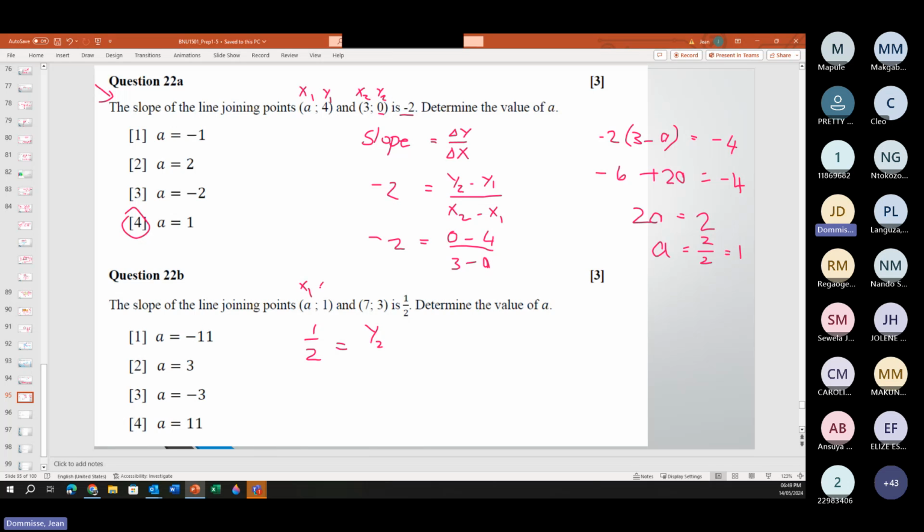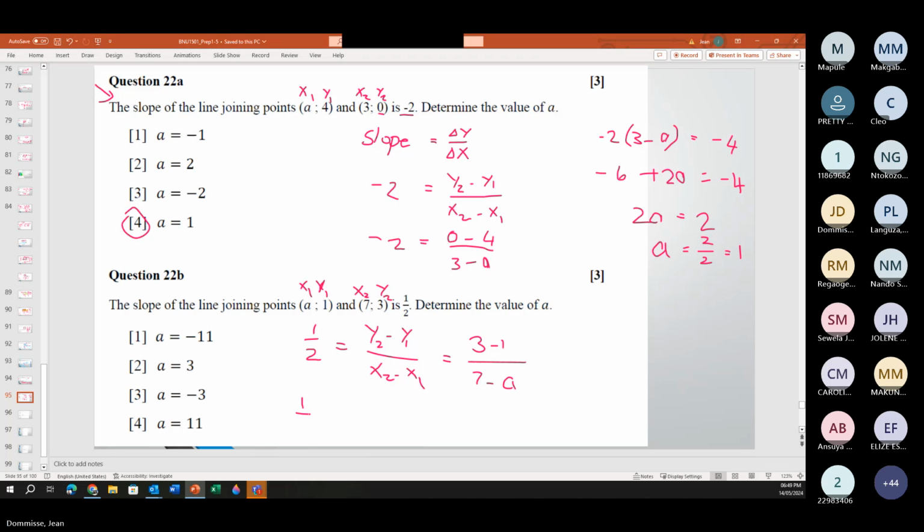So x1, y1, x2, y2. That is equal to 3 minus 1 over 7 minus A. So now we're sitting with a half is equal to 3 minus 1 over 7 minus A.